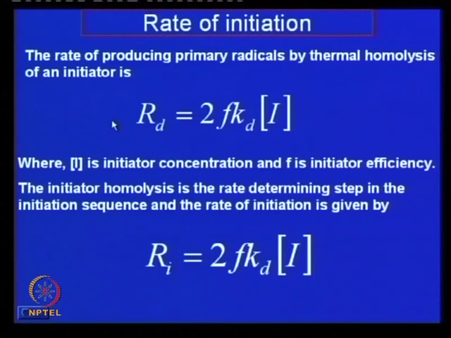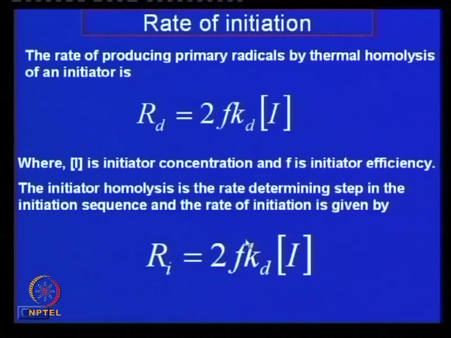Now, the rate of initiation: when the primary radicals are formed from the decomposition of an initiator molecule, those primary radicals interact with monomer to initiate a polymer chain. Now, the rate of that initiation is expressed as R_I is equal to 2 F Kd into initiator concentration.